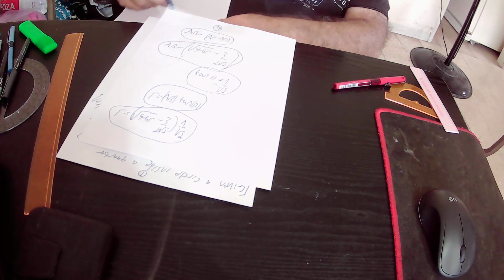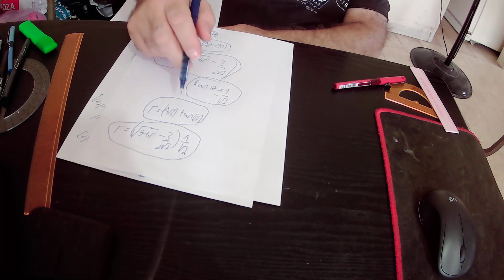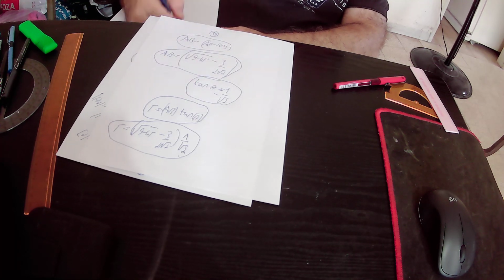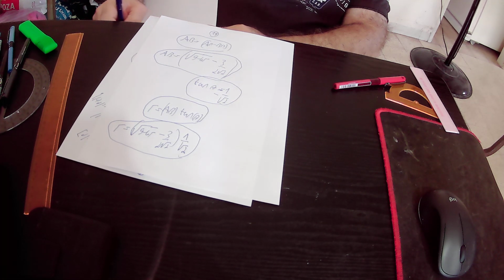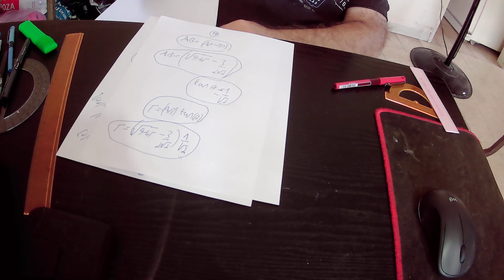Here we will multiply this equality by root 2 and we will get that root 2 times R equals the root of 9 minus 6R minus 3 over 2 times root 2. Okay.